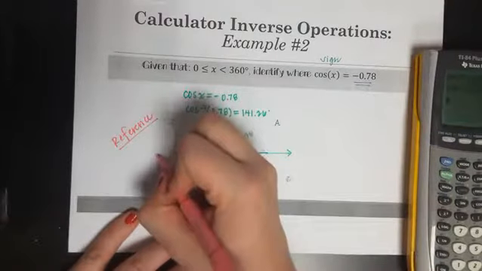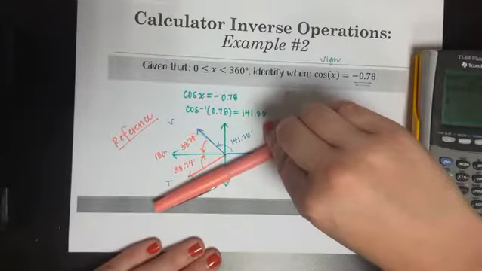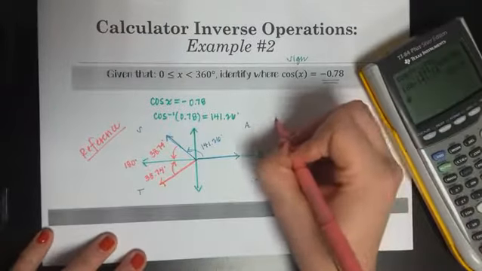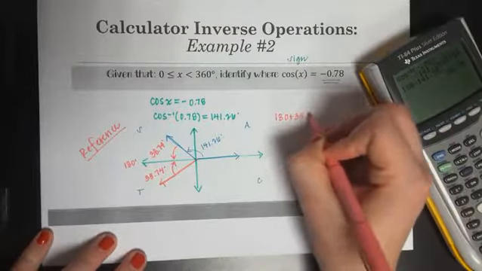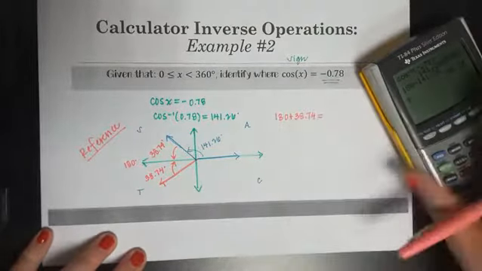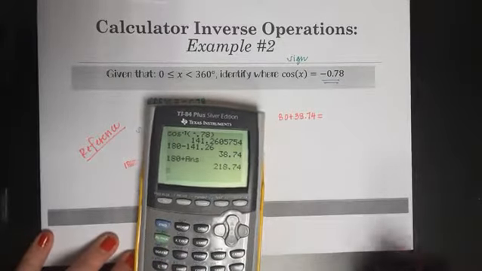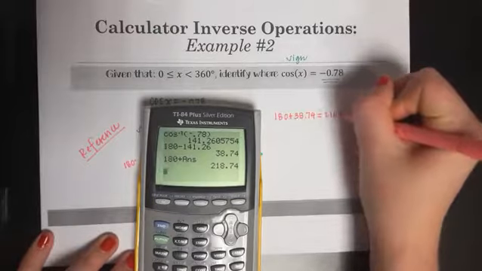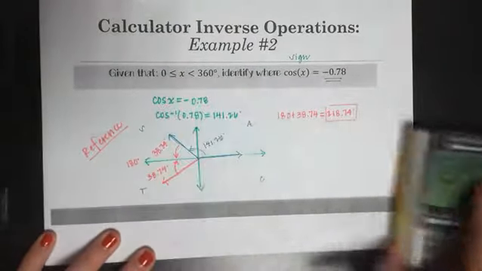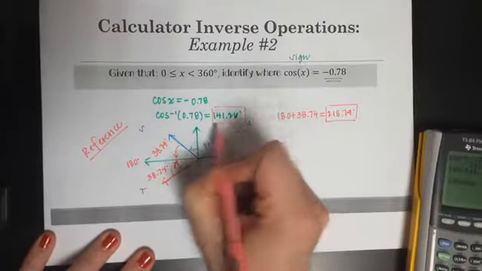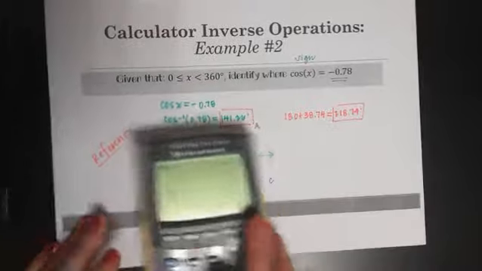So if I want to get this angle measurement, I'm at 180 degrees and I go 38.74 more. Let's add that together. 180 plus 38.74 is going to give me an angle measurement of 218.74. So those are my two angle solutions: 218.74 and 141.26 degrees.